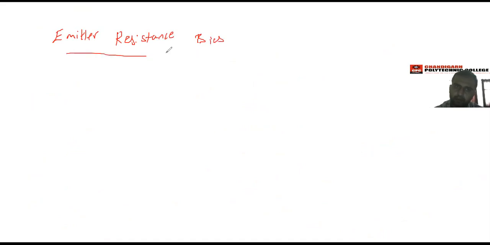Next, we will discuss your emitter resistor biasing. There is some disadvantage in collector to base bias, which we removed in emitter resistor biasing. The circuit of emitter resistor biasing is just like this.